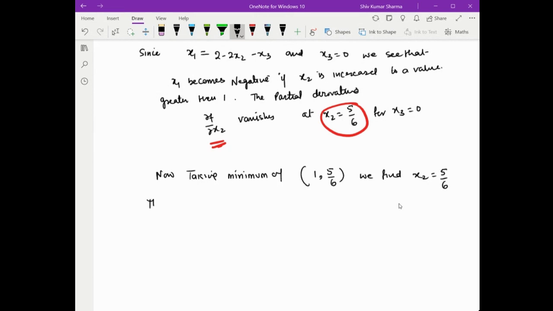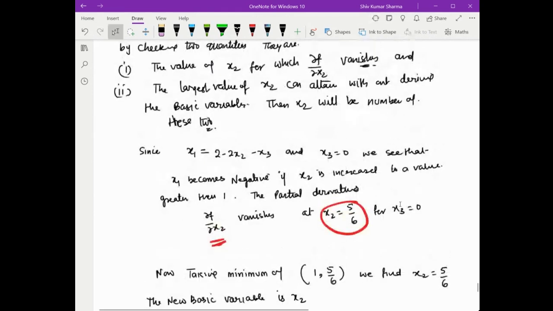So the new basic variable is x2, which is the minimum. So the new basic variable is x2.